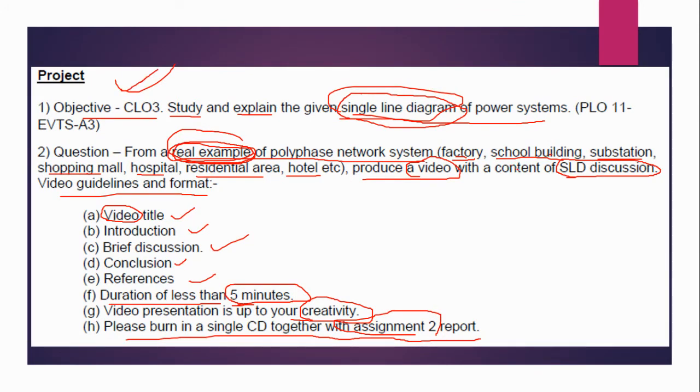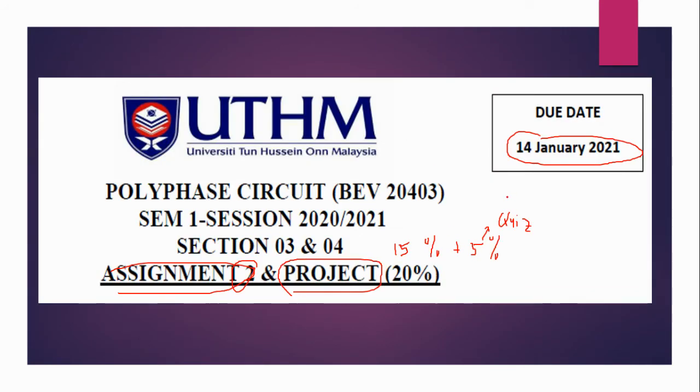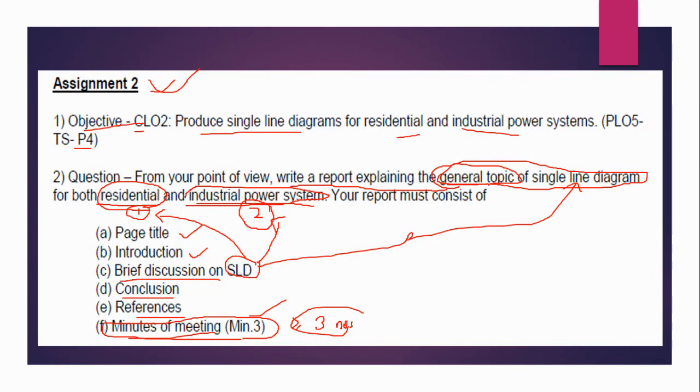Project. Okay, it's about, again, I would like to wrap up. It's about the same thing, but you have to make sure the idea is clear, where assignment 2 is a general topic, something like the theoretical explanation. Okay, theoretical explanation on what? On SLD. All right.